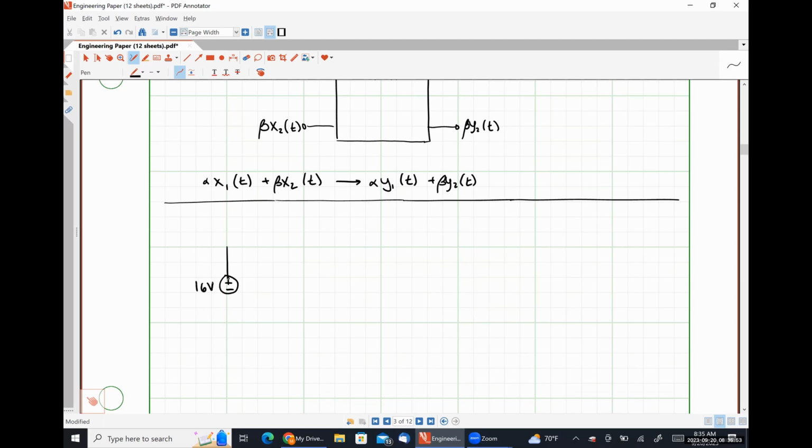That would mean that I would have a 16-volt source on the left-hand side. All of my resistors will be exactly identical to what they were: 6-ohm resistor here, 4-ohm resistor here.